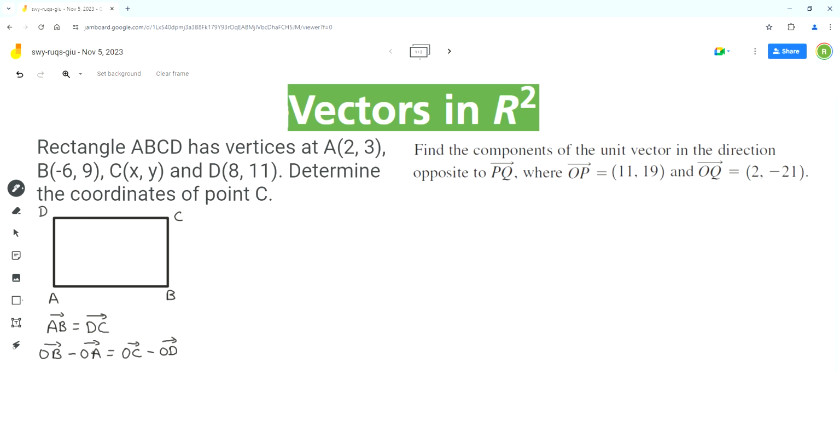So for position vector OB, we'll use the given point B. And for position vector OA, we'll use the given point A. For point C, we'll use x comma y.